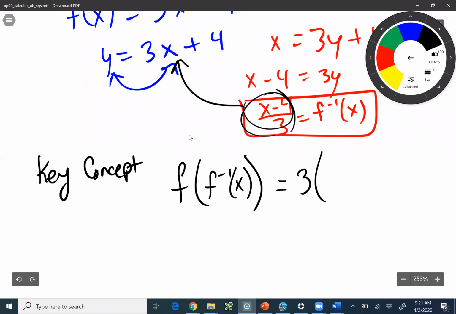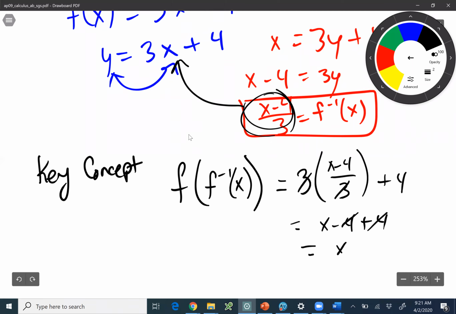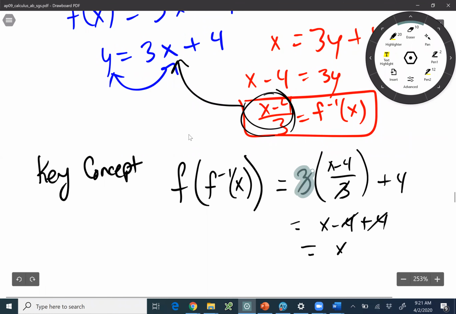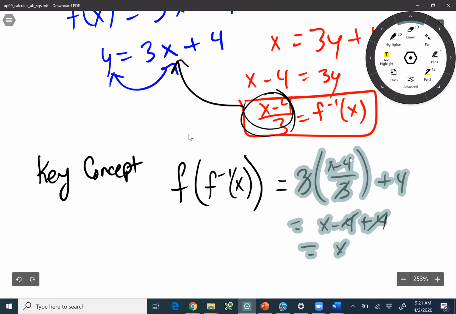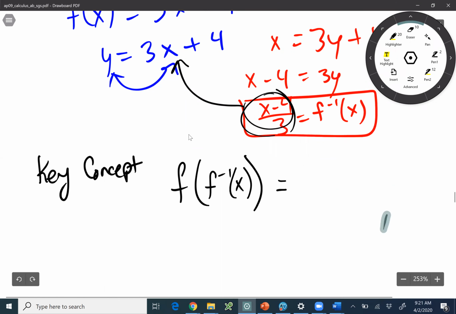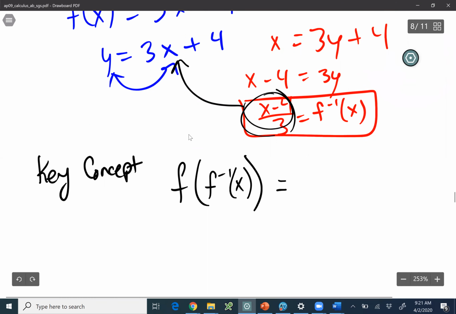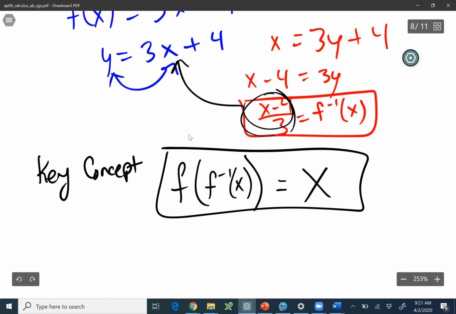You get 3 times (x minus 4) over 3. See how those cancel? And then plus 4. So you get x minus 4 plus 4. Those cancel, so you just get x. And you can plug it in backwards too, you could plug the other one in. So whenever you plug them in, you get x. That's our key concept of inverse functions.